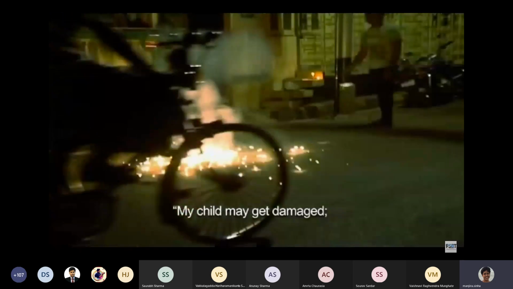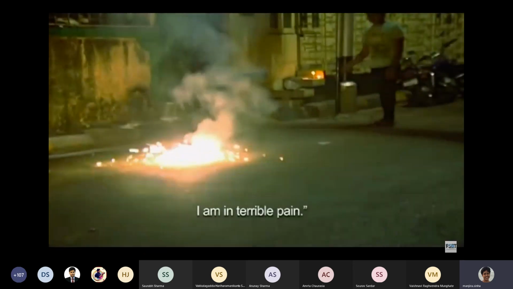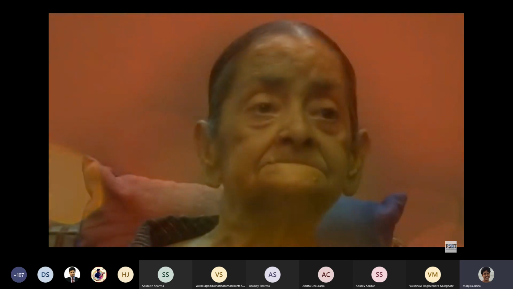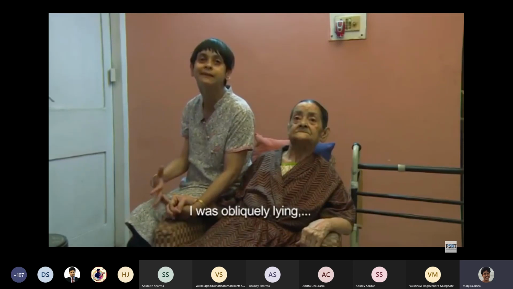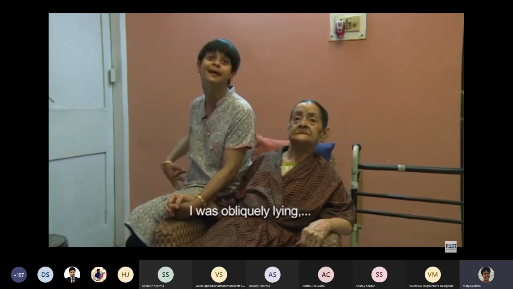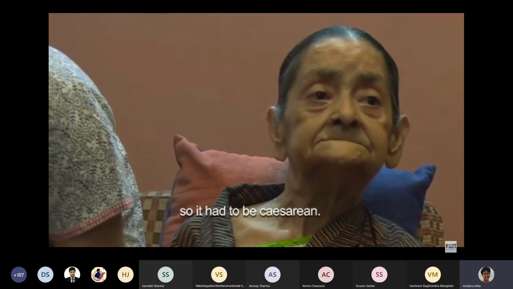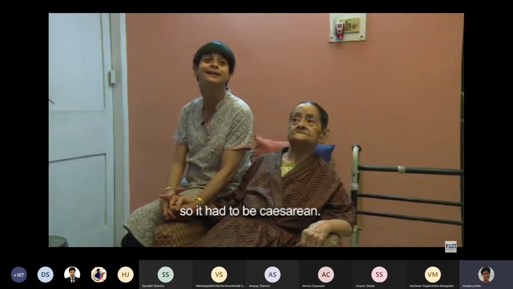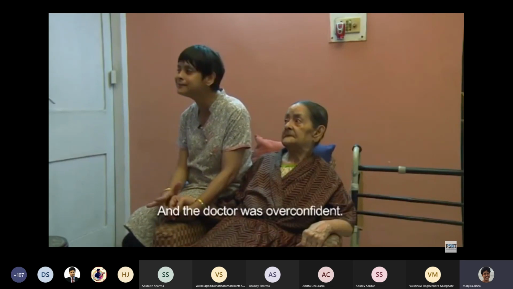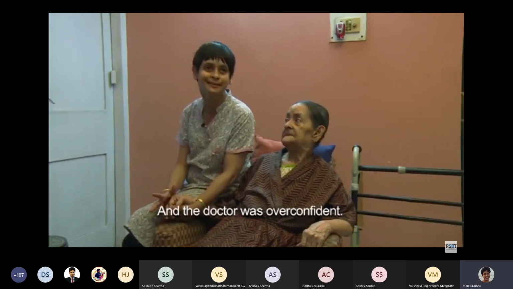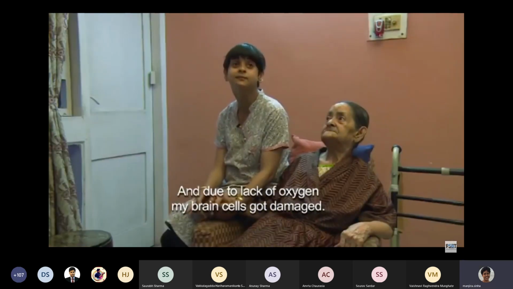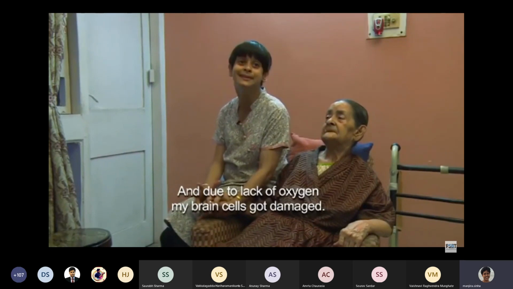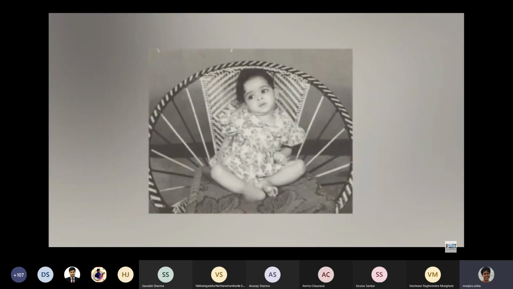Family damage questions. Origin of the life. So it had to be cesarean. And the doctor was overconfident, and due to lack of oxygen, my brain cells were damaged.